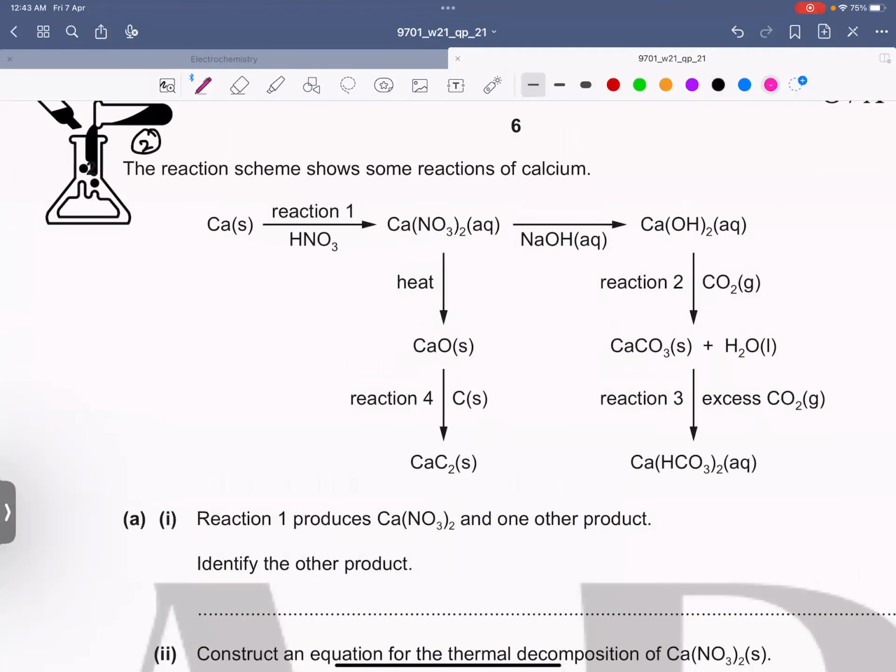In the reaction when nitric acid is used, we got calcium nitrate. When it reacted with sodium hydroxide, we will get calcium hydroxide. When I heat it, calcium nitrate decomposes to give you calcium oxide.